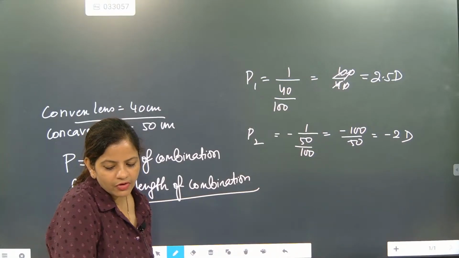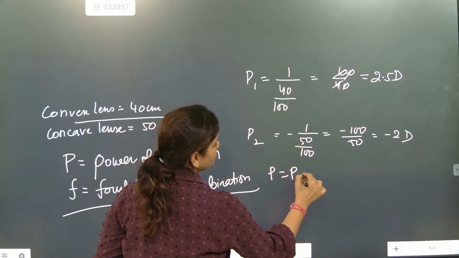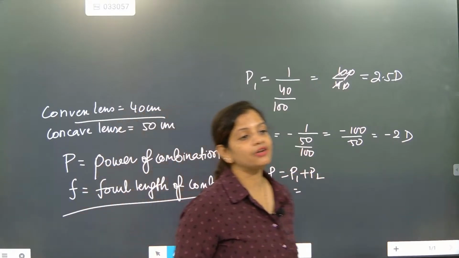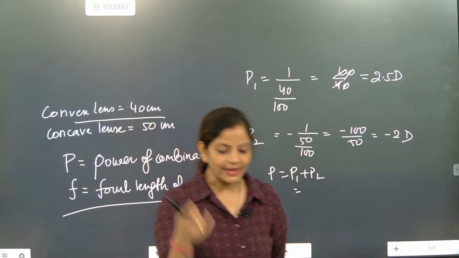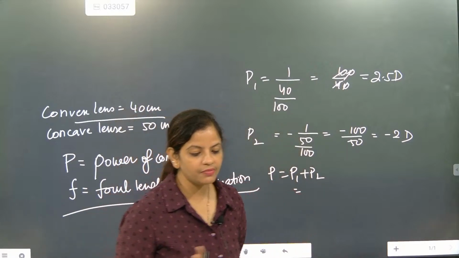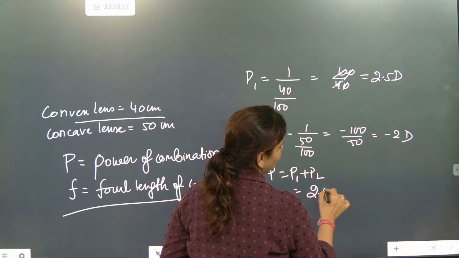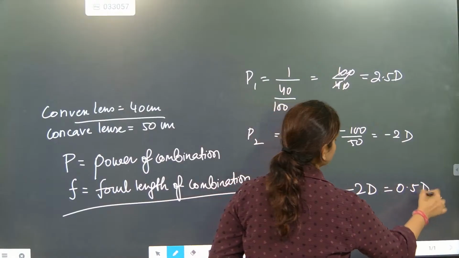Now the power of the combination will be added. P will be equal to P1 plus P2. That's what I told you now. It will be added or subtracted; it totally depends upon the type of lens. Here it is 2.5 for convex and minus 2 for concave.